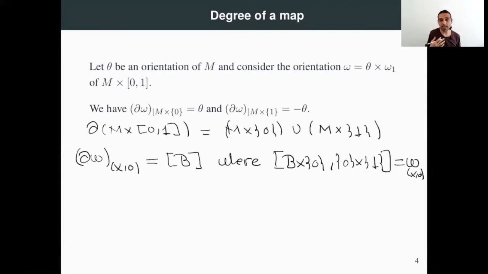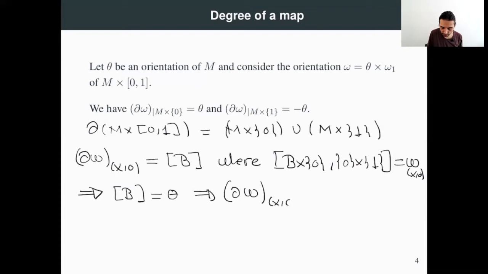And by the definition of the product orientation, that implies that the orientation of the base B is equal to theta. And so we have that the partial of omega at x0 is just theta at x, okay?